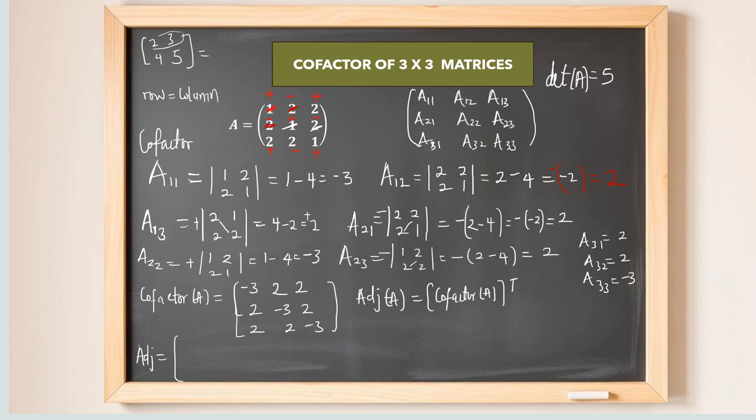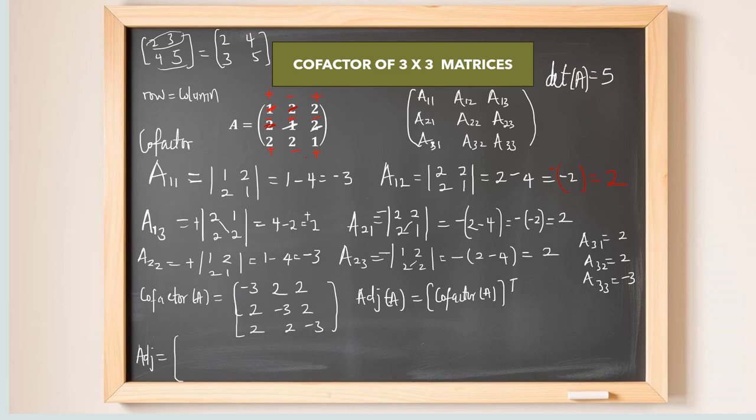This is the first row, you change it to a column, which is 2, 3. This is the second row, you change it into a column, 4, 5. Changing row into column is called transpose. But looking at this, this is a symmetric matrix. A symmetric matrix means that if you change the rows to columns, you still have the same matrix.